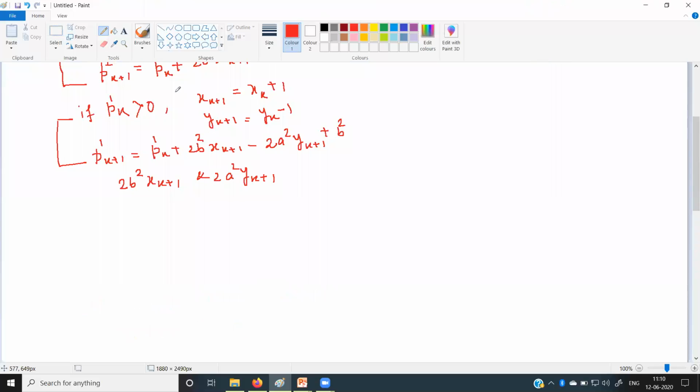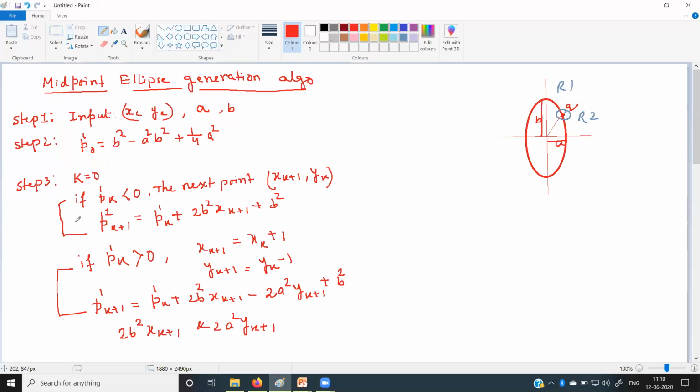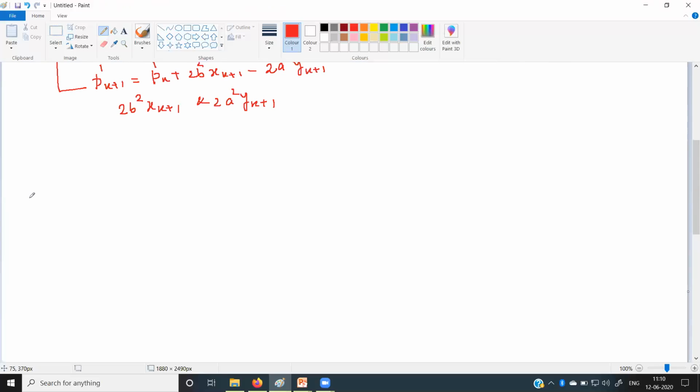So what can we write? Step 3 will continue until 2b square x, where this x means x of k plus 1, is greater than or equal to 2a square y.